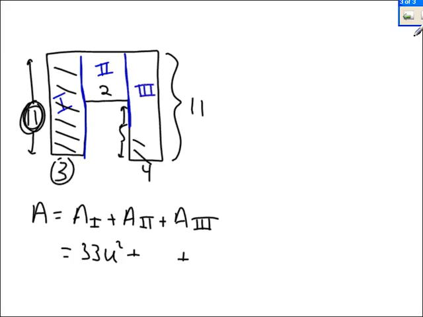This is 11 by 4. Assume that everything that looks like a right angle is a right angle. 11 units by 4 units. That's 44 square units.